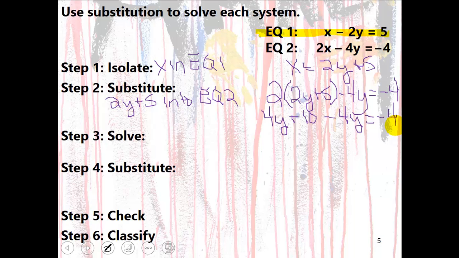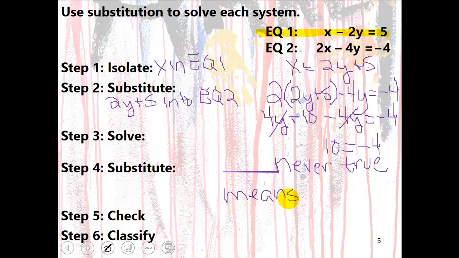So when I do this, notice that my y's drop out, and I'm left with an equation that says 10 equals negative 4. Is that ever true? This is never true. That means these lines are parallel.